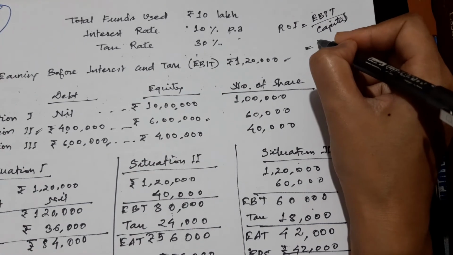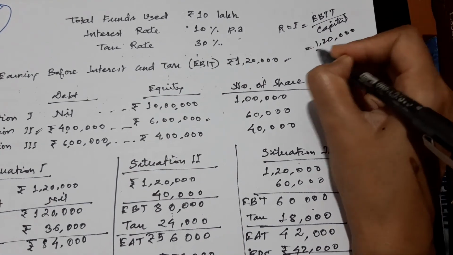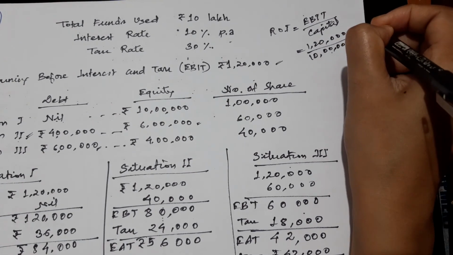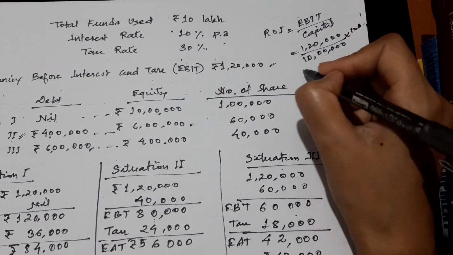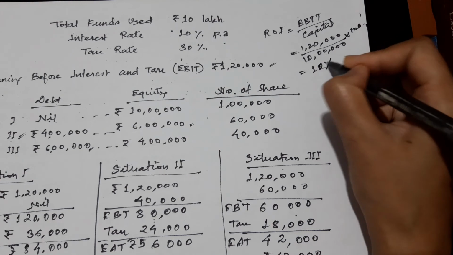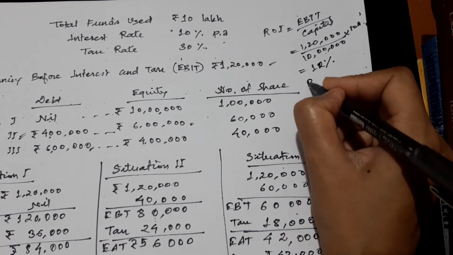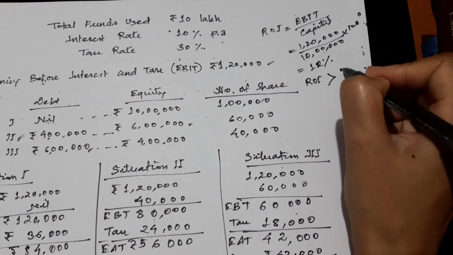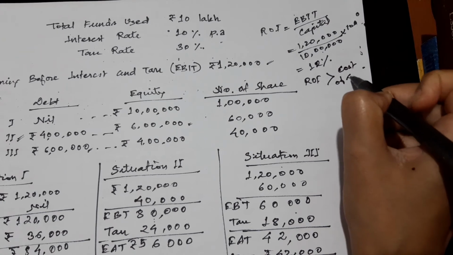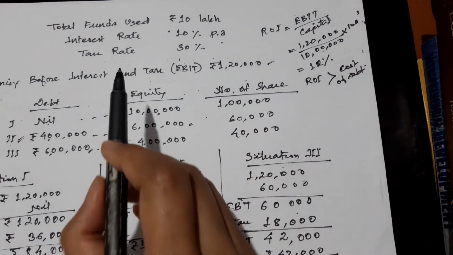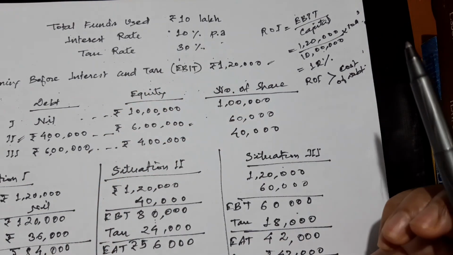So EBIT in this case is 1,20,000 and total capital is 10 lakh, into 100. So what is the amount? What is the return on investment? Return on investment is 12%. Now this return on investment is greater than the interest rate, or what we are saying is cost of debt. As we are discussing, debt is considered cheaper because it has a fixed rate of interest.